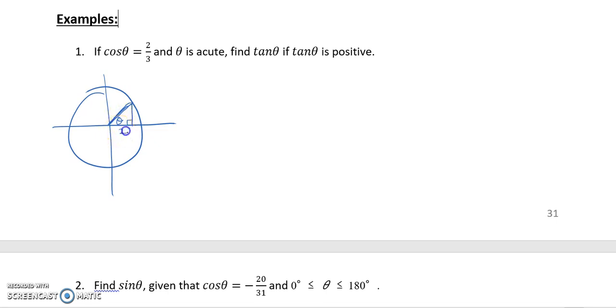So I've got 2 here and 3 here, and now in this situation cos is positive, so cos can be positive here and here. It could also be positive down here as well.